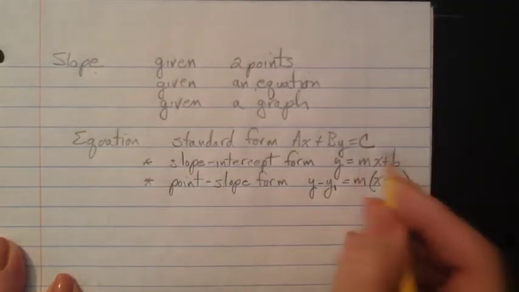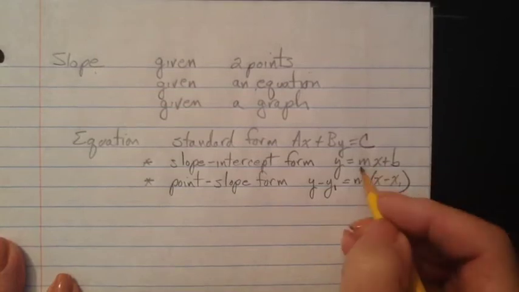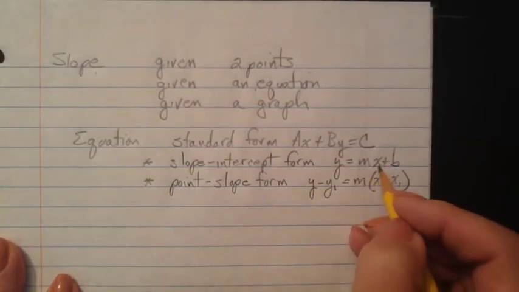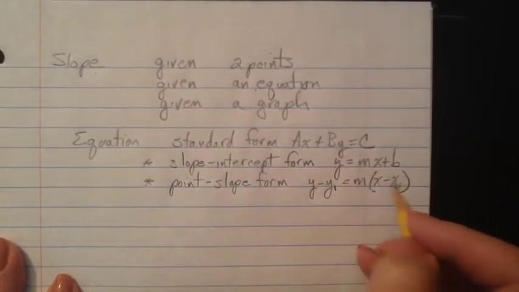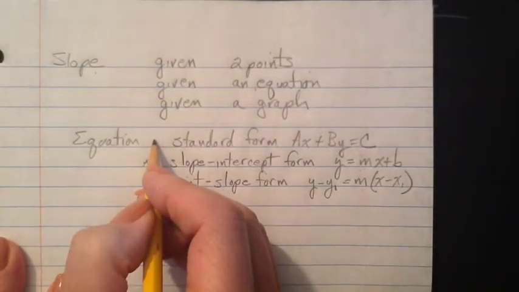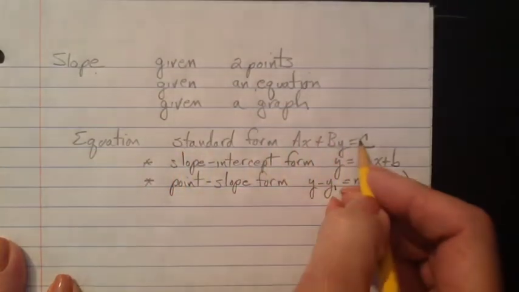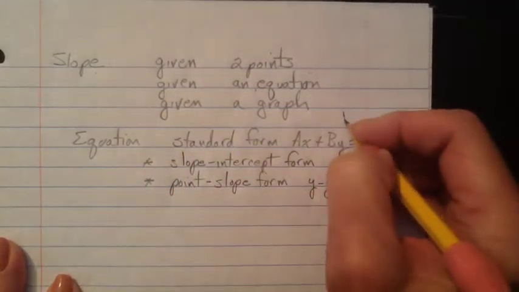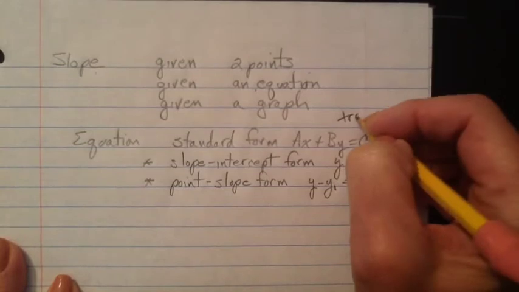So all you have to do is interpret this equation and realize that the number in front of the x is the slope and the number in front of this quantity is the slope. If, however, the equation is given in standard form, then you must transform the equation.